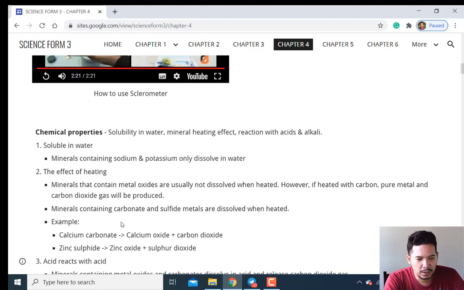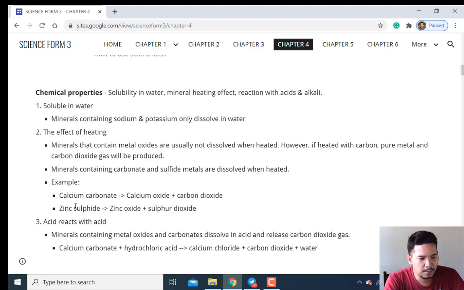Minerals containing carbonate and sulfide metal decompose when heated. For example, calcium carbonate when heated changes into calcium oxide and carbon dioxide. Zinc sulfide when heated will form zinc oxide and sulfur dioxide.